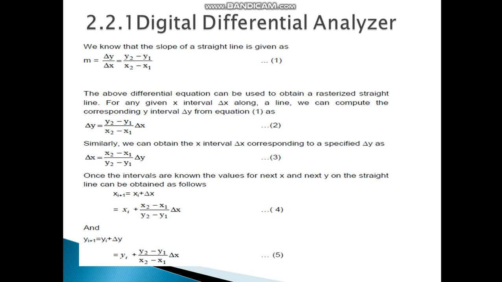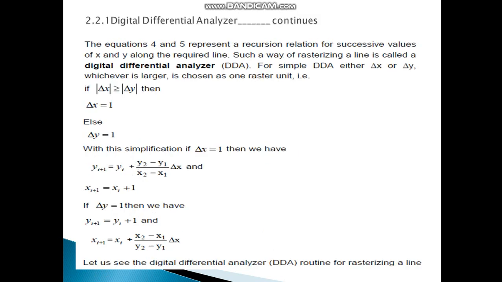In this equation simplification, delta y is equal to (y2 minus y1) upon (x2 minus x1) into delta x, and delta x is equal to (x2 minus x1) upon (y2 minus y1) into delta y. For simple DDA, either delta x or delta y, whichever is larger, is chosen as one raster unit.